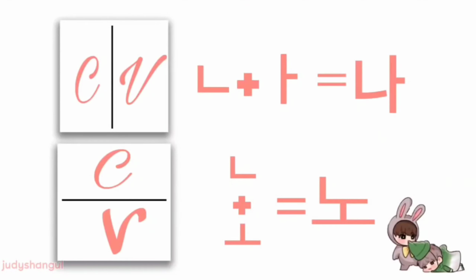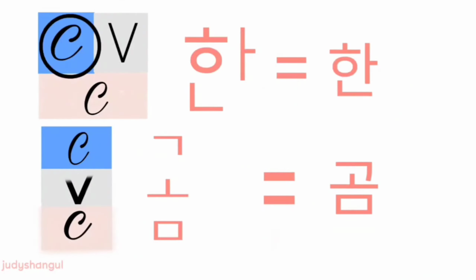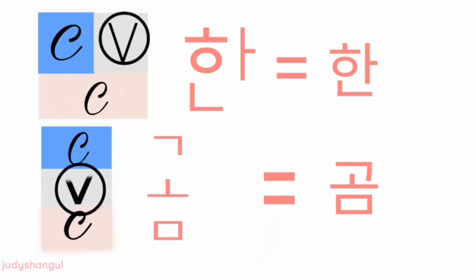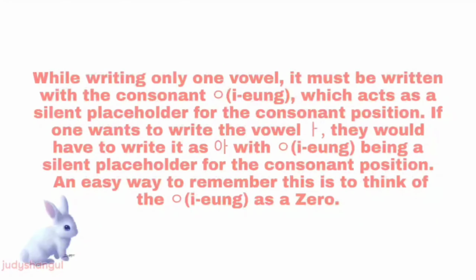Please look at the syllabic block. To make a syllable, we need a vowel, and the syllabic block consists of consonants and vowels. A consonant can be at the first and final position, and the vowel will be in the second position. While writing only one vowel, it must be written with the consonant ieung, which acts as a silent placeholder for the consonant position.